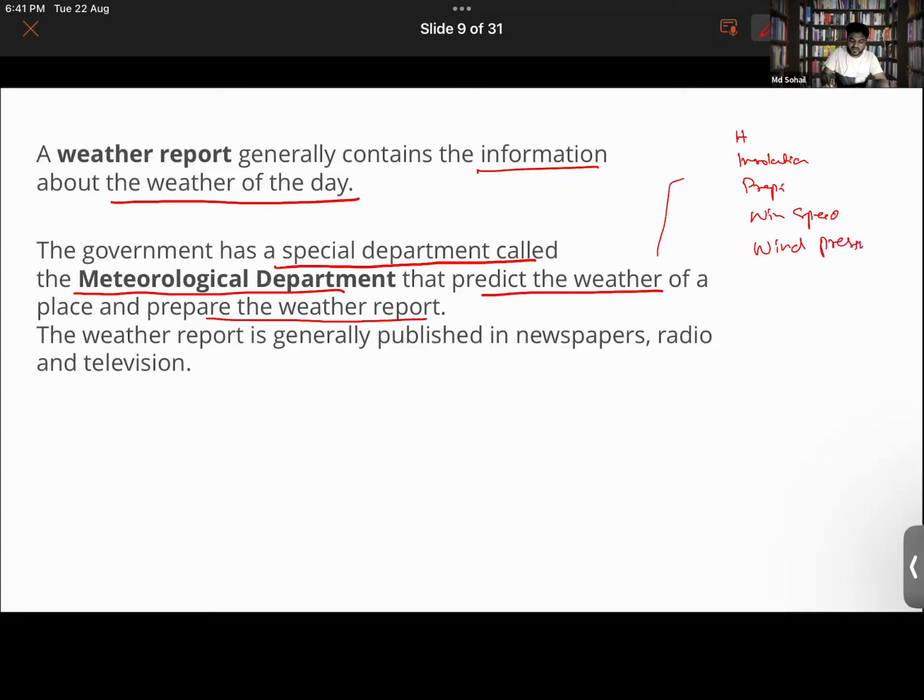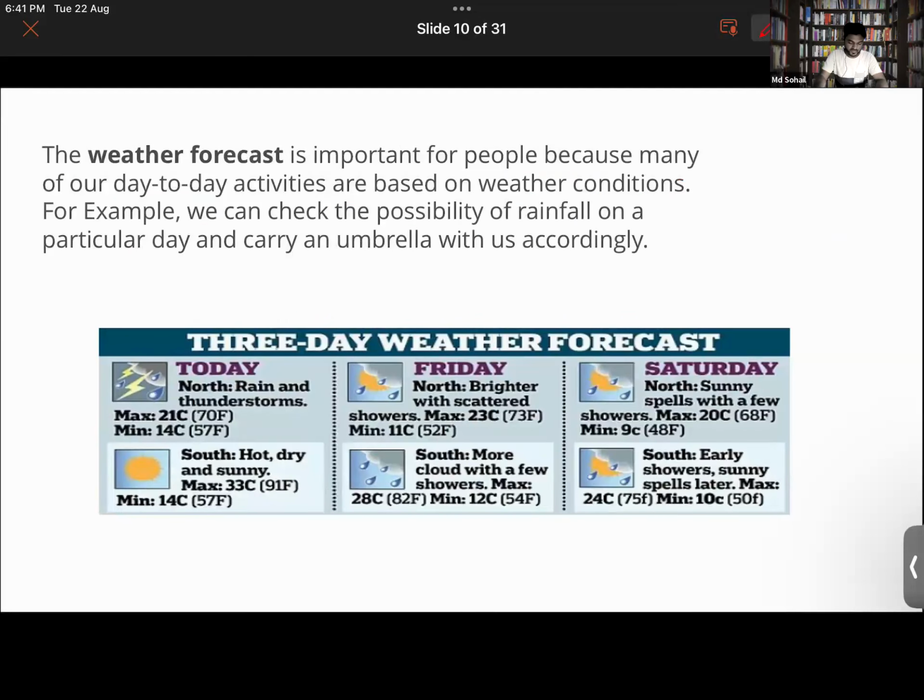After studying these factors, they will predict the weather report. The weather report is generally published in newspapers, radio, and television. Nowadays, you can have access on your smartphones as well. Now here you can see how a 3-day weather forecast looks like: today, Friday, and Saturday.